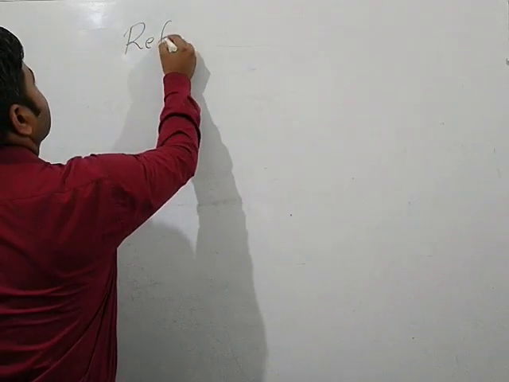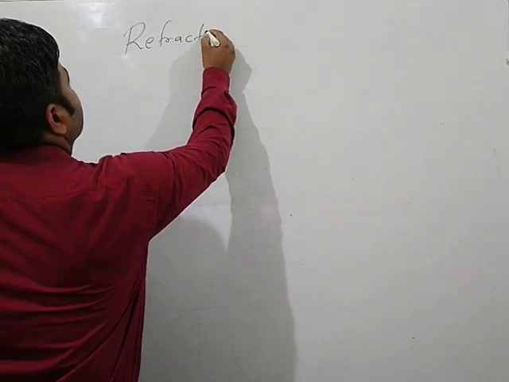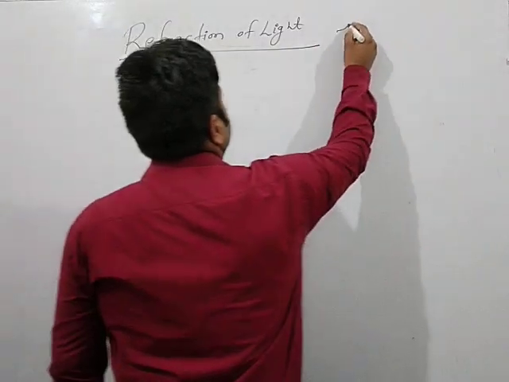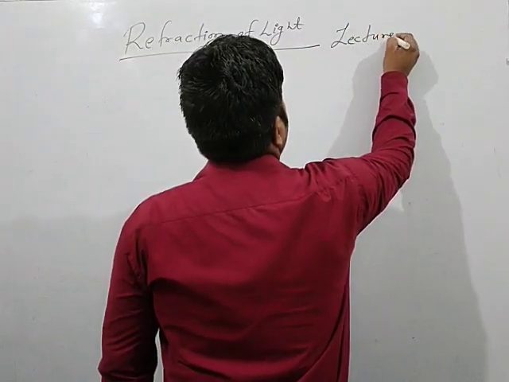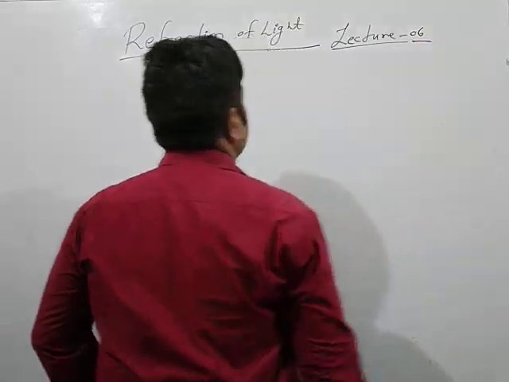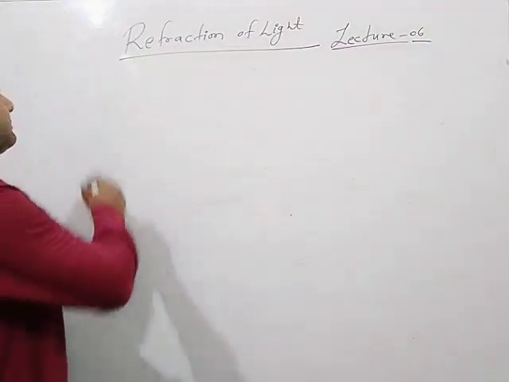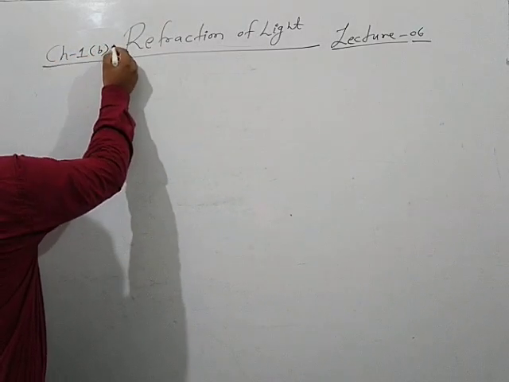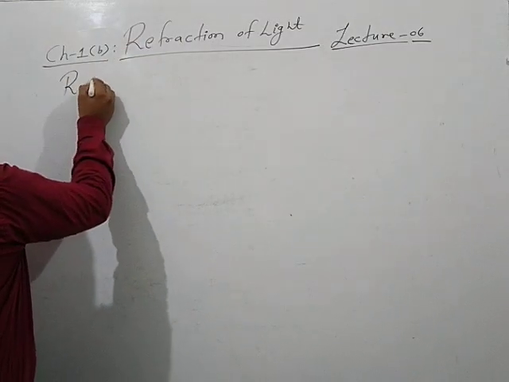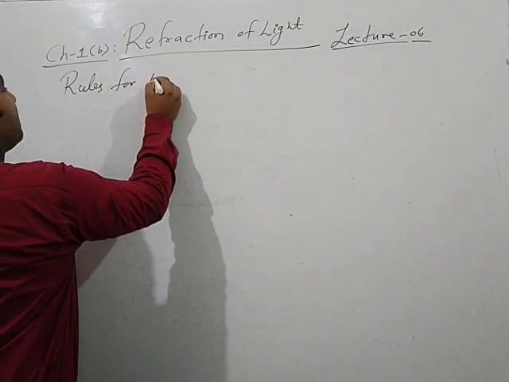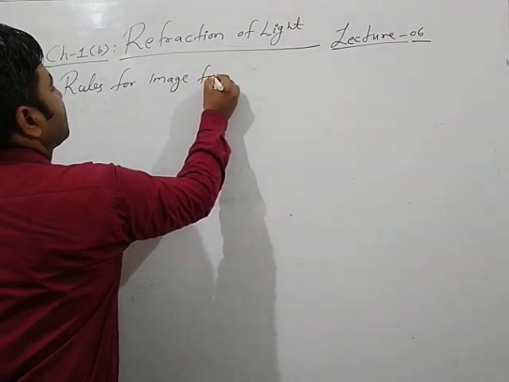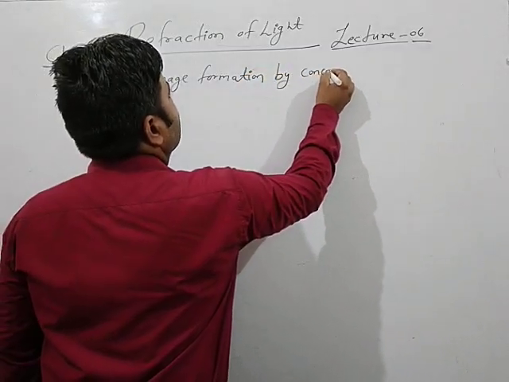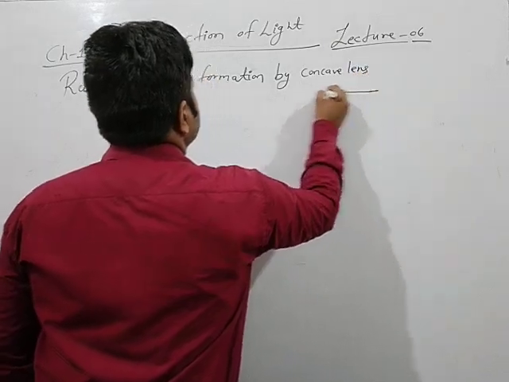Refraction of light, this is lecture 6, chapter first, second part. Rules for image formation by concave lens.